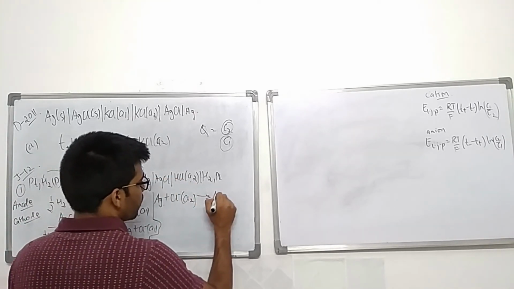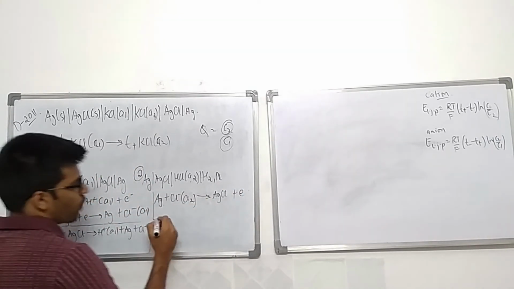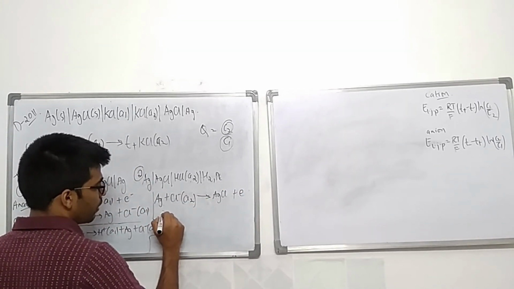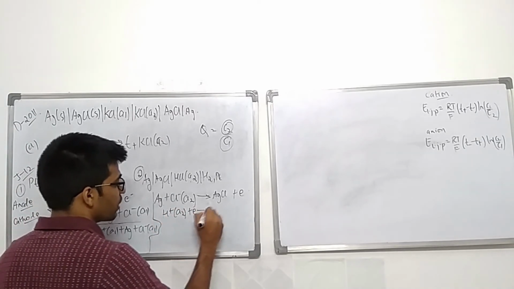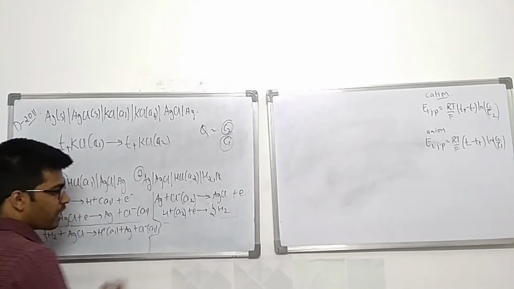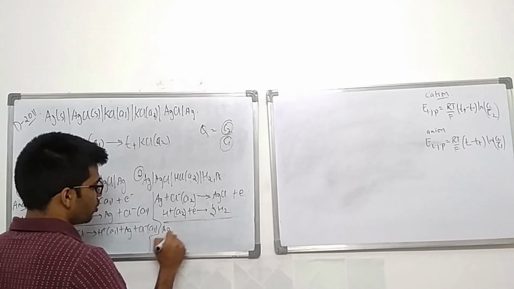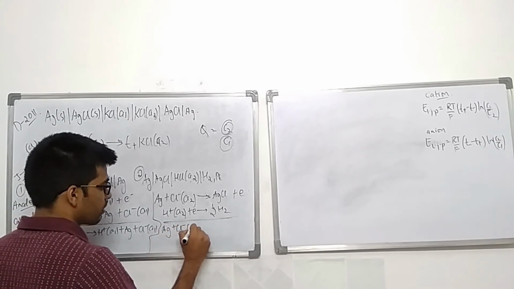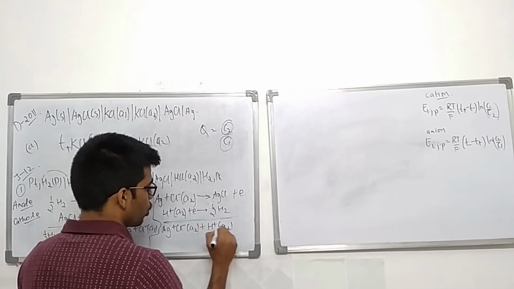And for the cathode, what will I get? I will get that H plus at concentration A2 takes up this electron to get converted to half H2. So the total cell reaction from here, what do I get? I get the total cell reaction as Ag plus Cl minus at A2 plus H plus at A2.